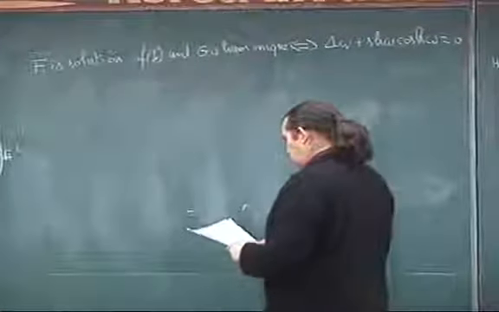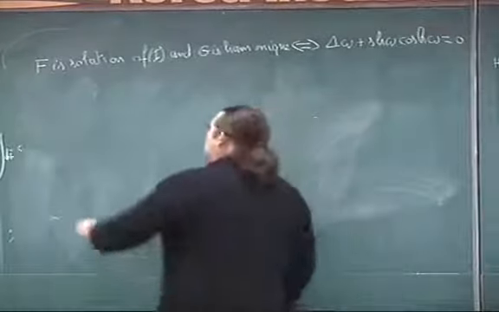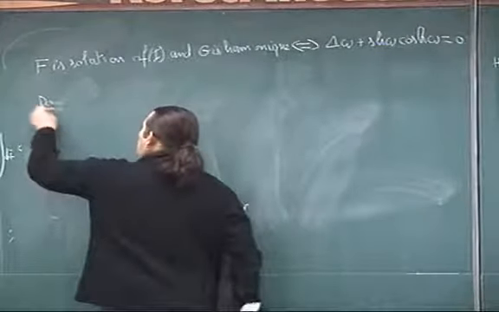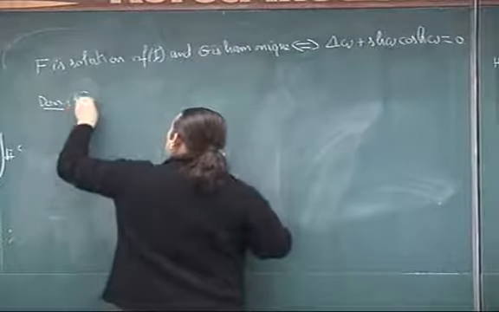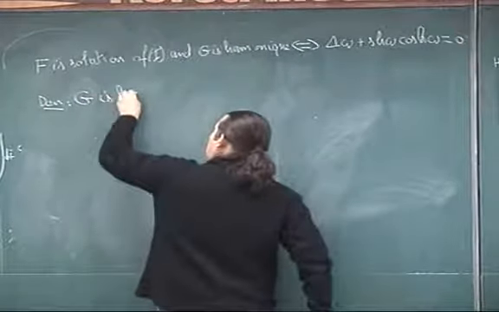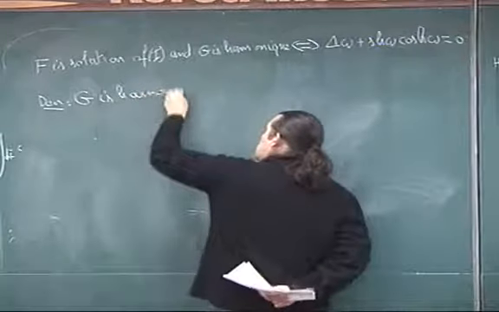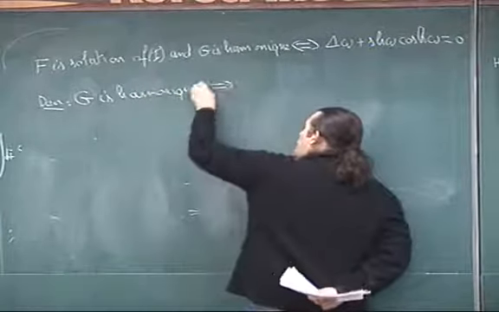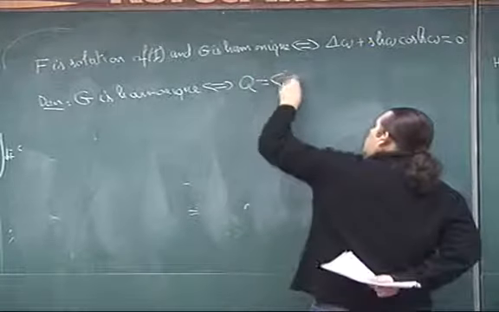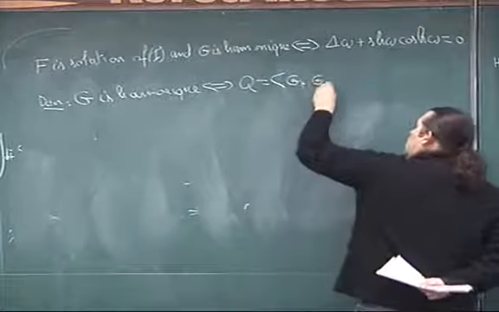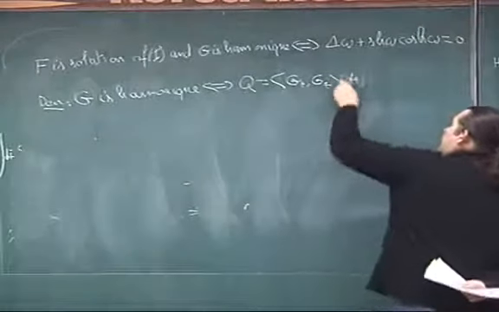Okay? Then maybe the demonstration is quite simple. It suffices to prove that G, we know that G is harmonic only if Q, the holomorphic quadratic differential, is holomorphic.